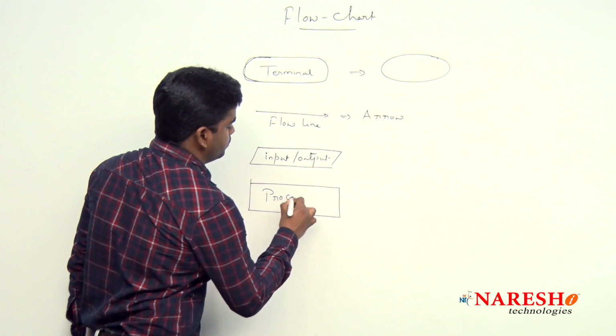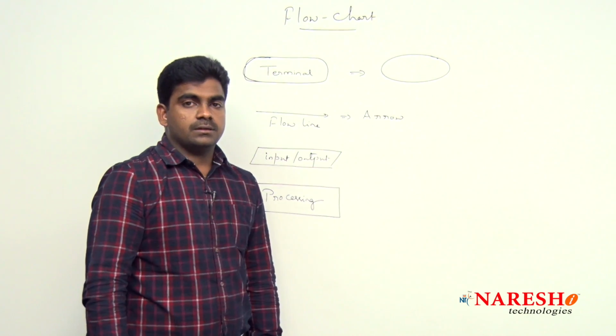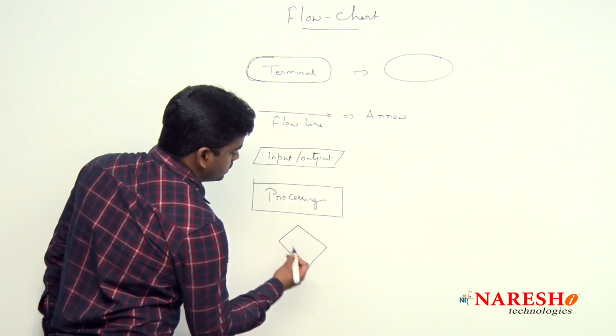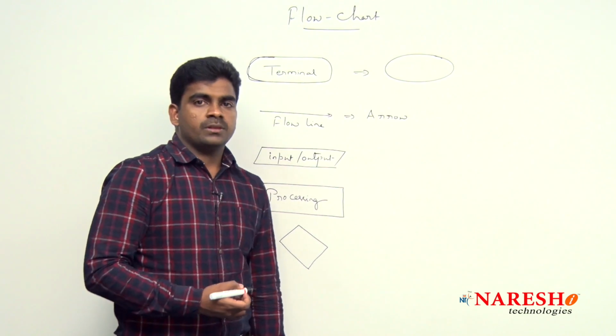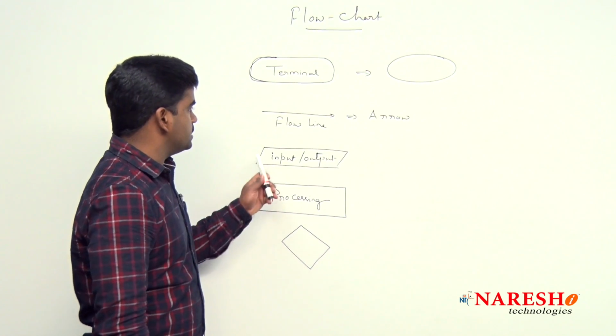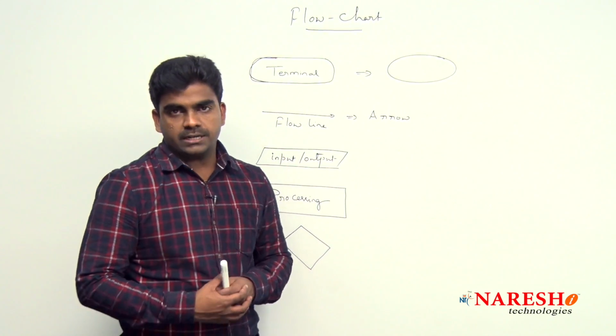Rectangle we are using for processing. And for decisions we are using a rhombus, or we can say diamond. So these are the 5 major symbols we are using in the representation of a flowchart.